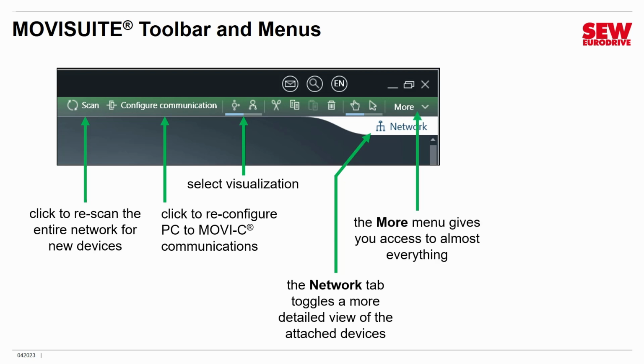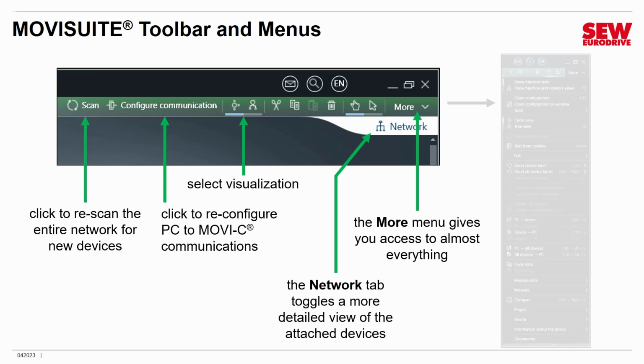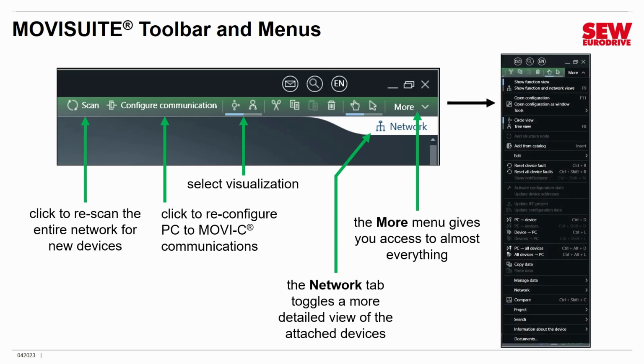You click this and it gives you access to almost everything. It pops up this one mega menu with everything you could possibly want to do right there as far as interacting with the software. So it's nice. You really only have to know about More, and that takes you to the majority of places. So we don't overload you with really complicated menus.